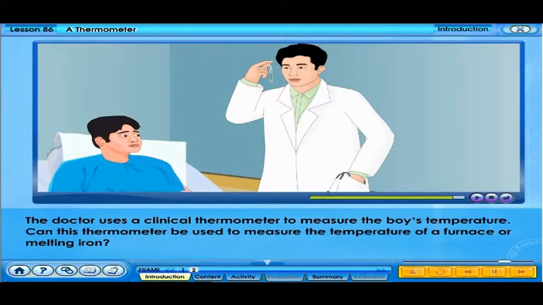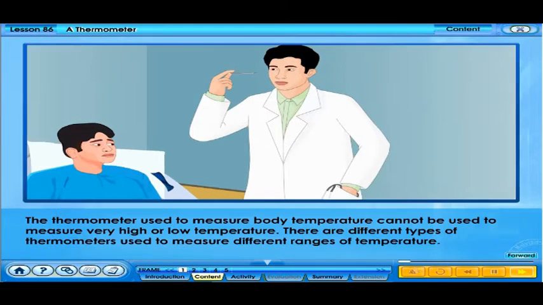Can this thermometer be used to measure the temperature of a furnace or melting iron? The thermometer used to measure body temperature cannot be used to measure very high or low temperature. There are different types of thermometers used to measure different ranges of temperature.